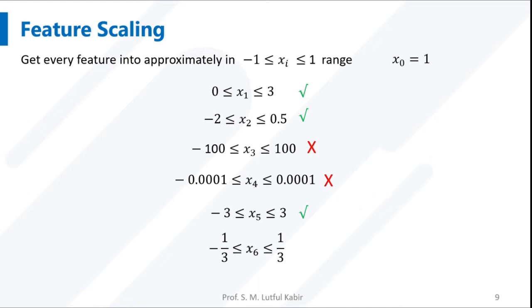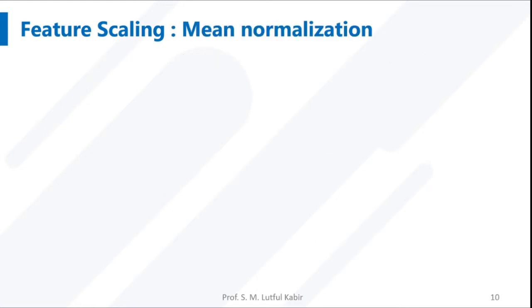And if it is less than 1, it can be -1/3 to +1/3 like this. So it is also acceptable. So similar range means all the x values will be within a particular range. Not that it has to be 0 to 1, but the values should be in comparable ranges.